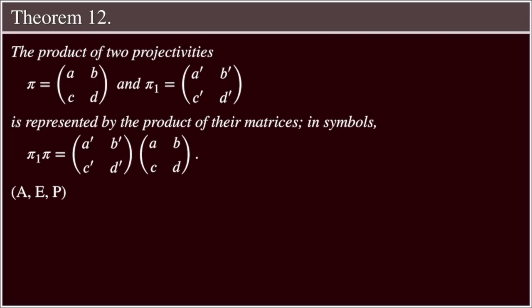The product of two projectivities, pi equal to the matrix A, B, C, D, and pi 1 equal to the matrix A prime, B prime, C prime, D prime, is represented by the product of their matrices; in symbols, pi 1 pi equal to the matrix A prime, B prime, C prime, D prime times the matrix A, B, C, D. Assumptions A, E, and P.